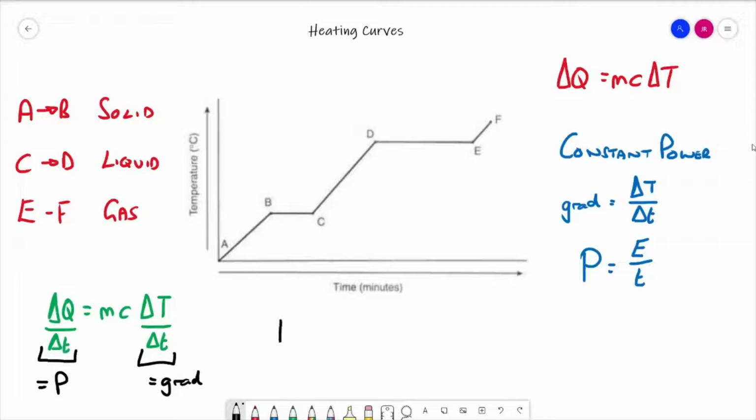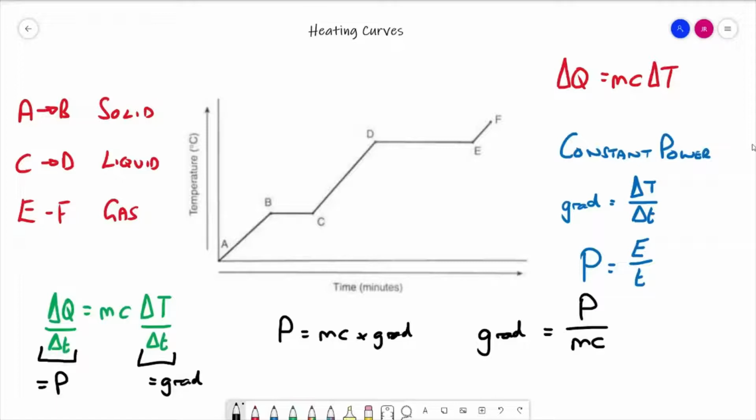What we end up with then, power is mc multiplied by the gradient, or in other words the gradient of the graph will be the power divided by m times c, the mass of the substance times the specific heat capacity.